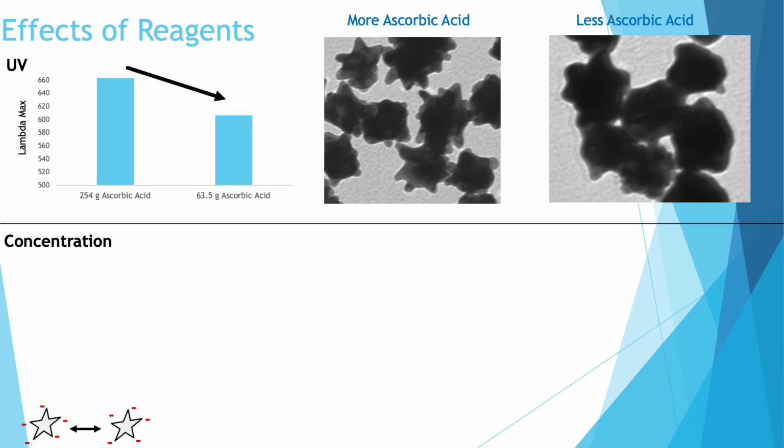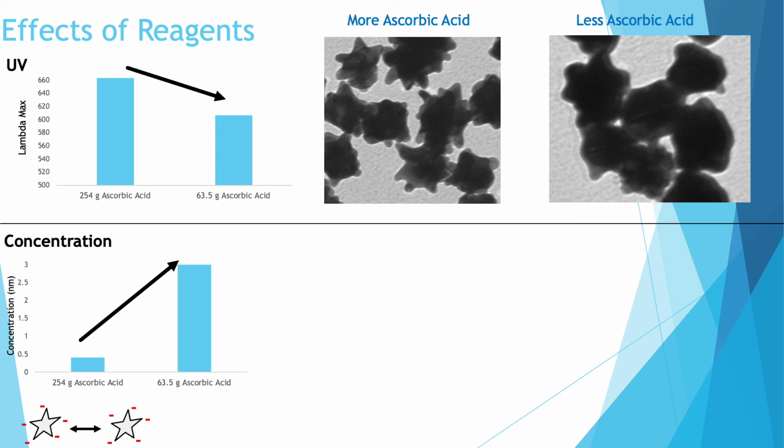Additionally, though, it also negatively affects the concentration, as seen below in this cartoon, because each negatively charged particle is going to be repelling each other, because both of them have a negative charge on the outside. Again, this chart is comprised of the averages of 5 batches from a protocol using 254 grams of ascorbic acid, and then again 5 batches averaged together using a protocol of 63.5 grams of ascorbic acid.